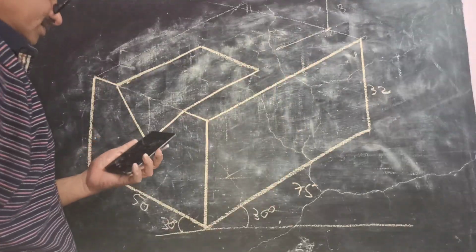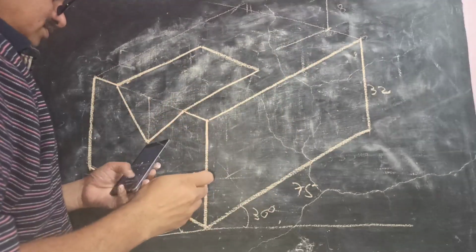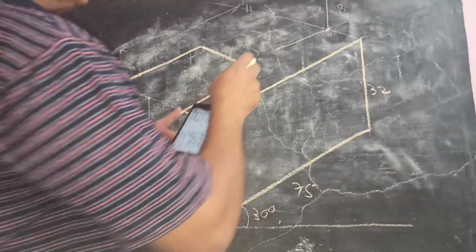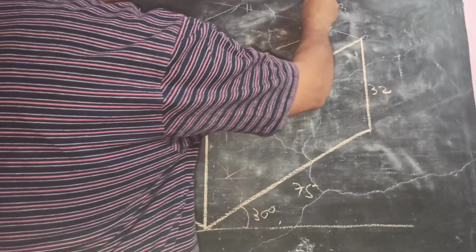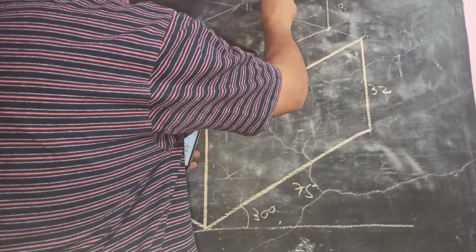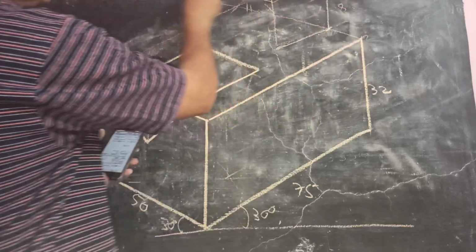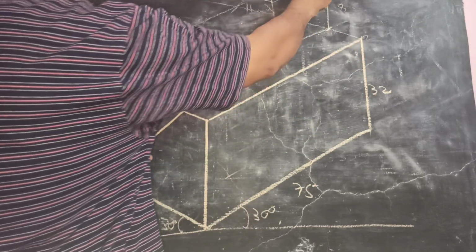Then draw this particular rhombus, 24 by 24. This is 24, this is also 24.